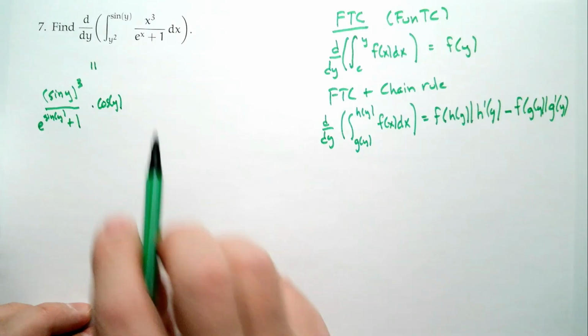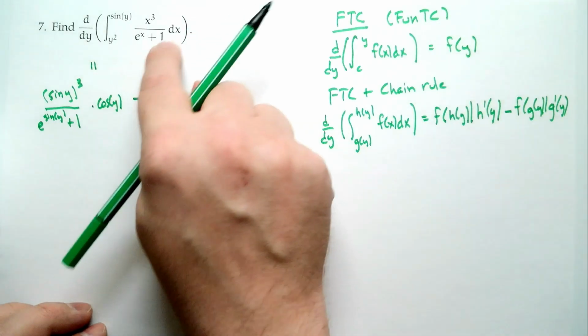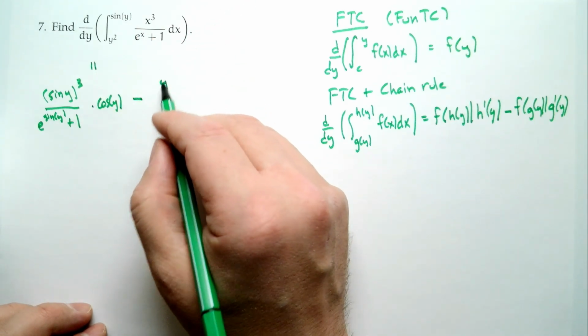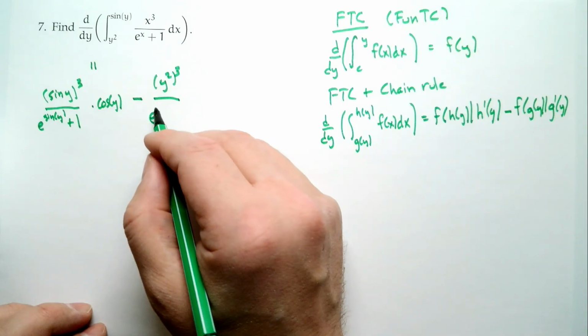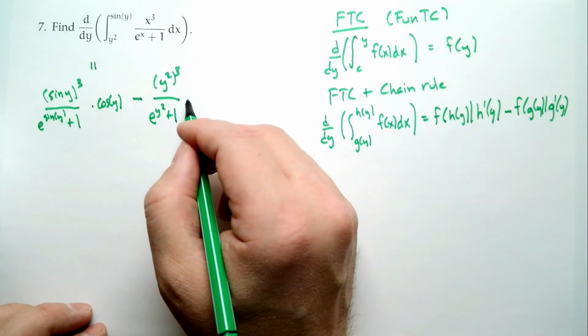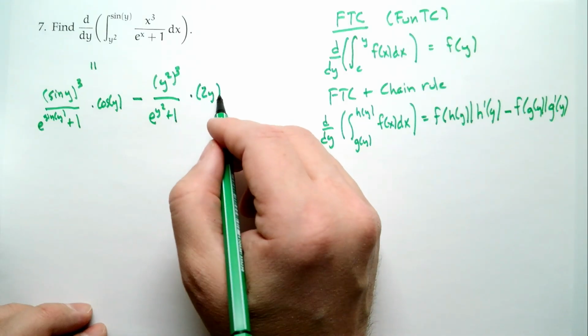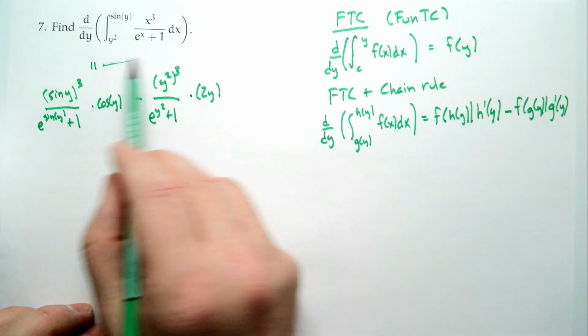All right, now subtract. Now you go to y squared. So everywhere you see an x, put in y squared. So y squared cubed divided by e to the y squared plus 1, and then times that by the derivative of y squared, which is 2y. And at this point, you're done.